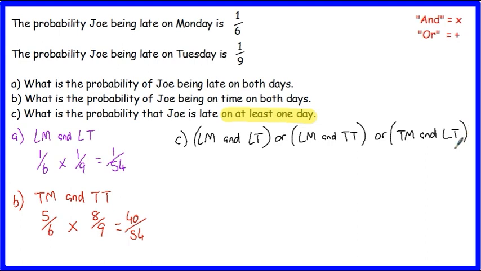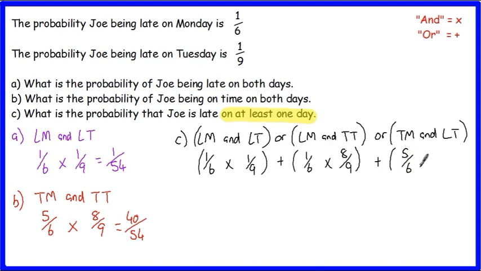So late on Monday and late on Tuesday, I've already got that one. That's 1/6 times 1/9. Or means add. Late on Monday and on time on Tuesday. Or on time on Monday and late on Tuesday.